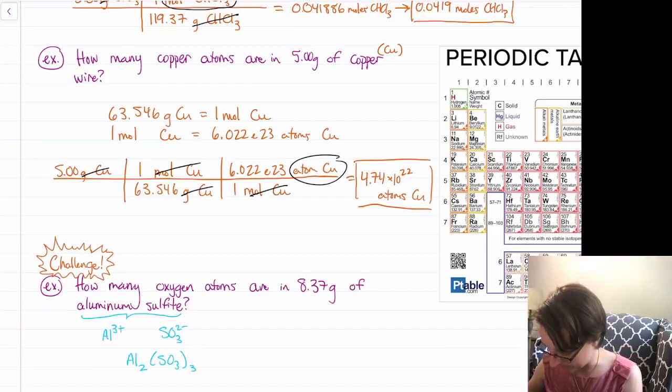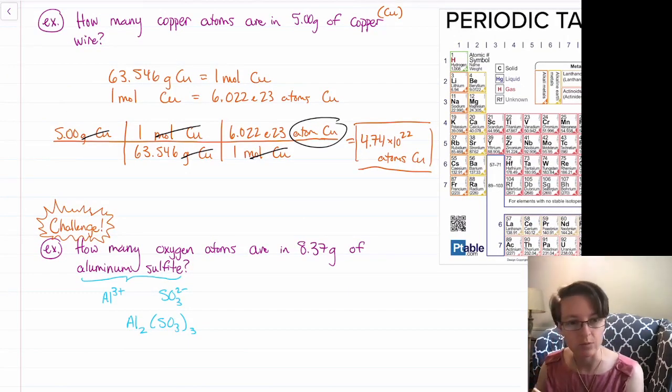Okay, so now that we have a formula, we can go ahead and determine the molecular mass of this compound. However, this is a good example of where we need to take into account how parentheses influence how many atoms there are of each type.